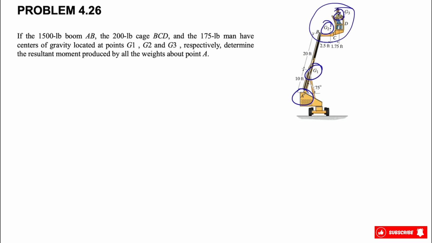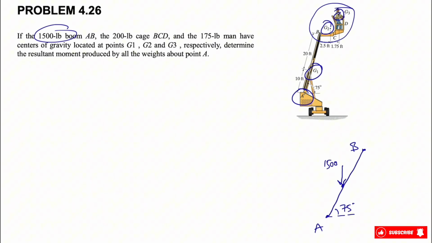And let's get started. So we have this beam AB here that we know it makes the angle of 75 degrees. So we have the first center of gravity in here, G1, and we know the force is the weight of the boom AB, which we know is 1500.